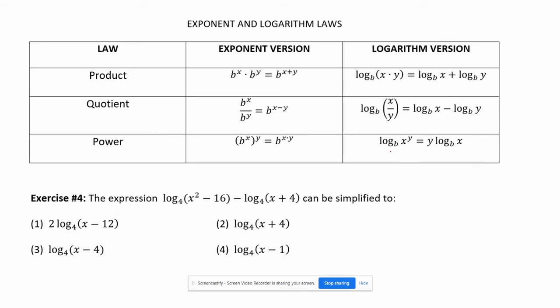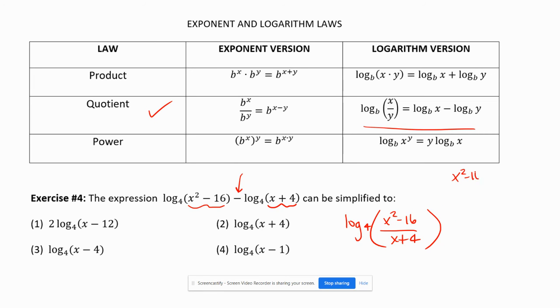Okay, another one. See a minus, and I see 2 logs. So now we're going to combine and condense into 1. So when you do that, we want to make a big parentheses. Now we take this expression on top and this on bottom using the quotient property, this one right here. So x squared minus 16 goes on top of x plus 4. I don't see that anywhere because we've got some factoring to do.